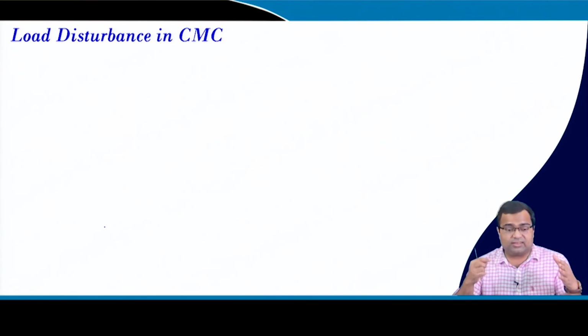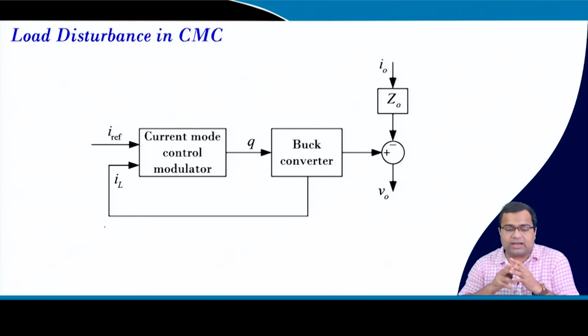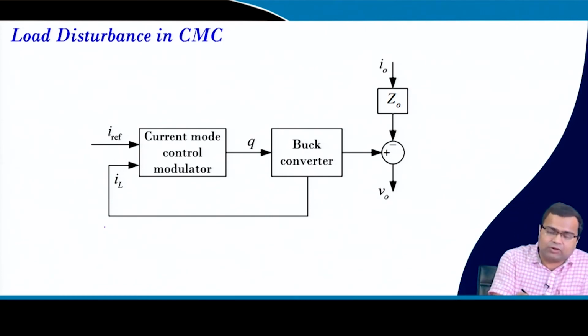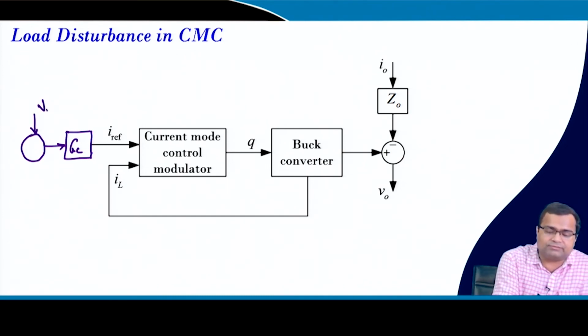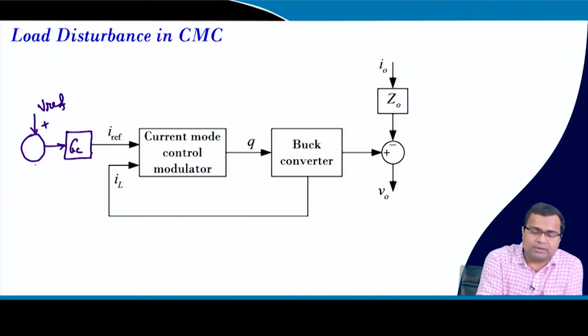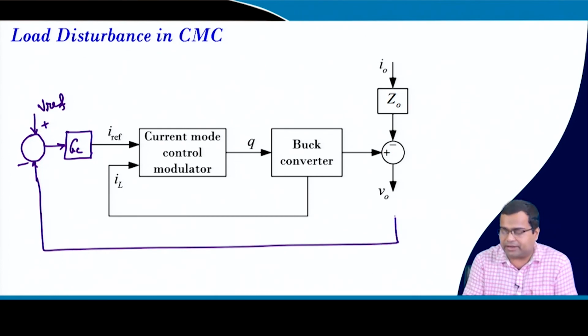Now, we are going to discuss load current disturbance in current mode control. In current mode control we have two loops, an inner current loop and an outer voltage loop. For the inner current loop, the current reference is generated by the outer loop, which has a controller that takes the reference voltage Vref and the output voltage coming from here.